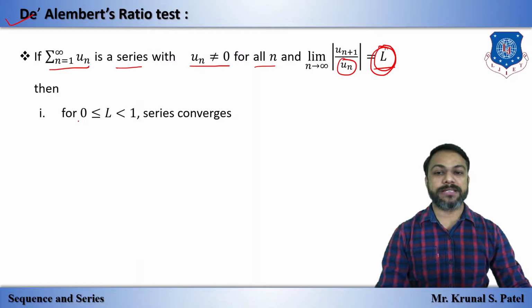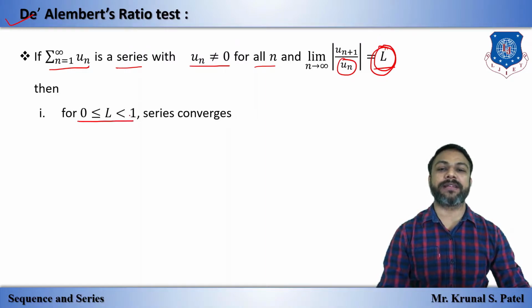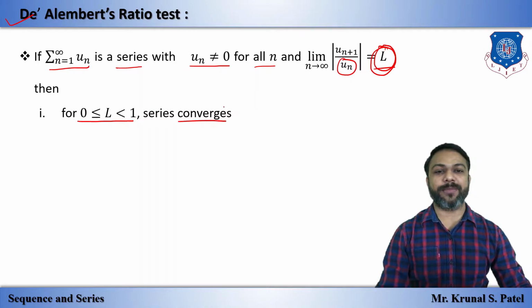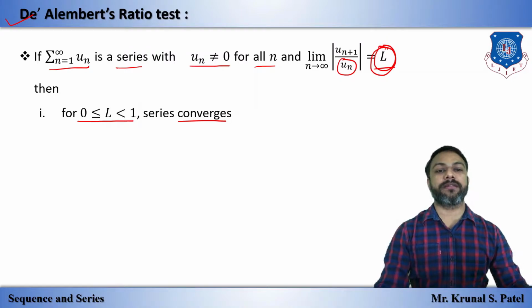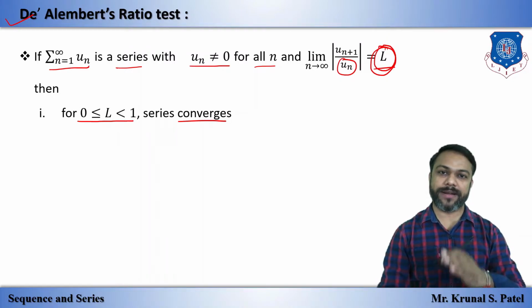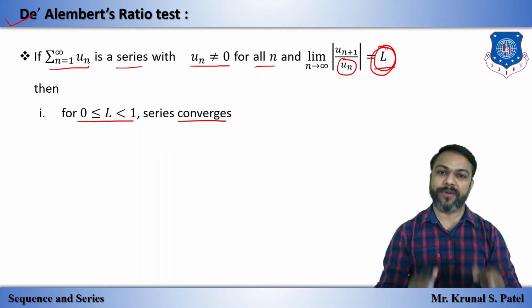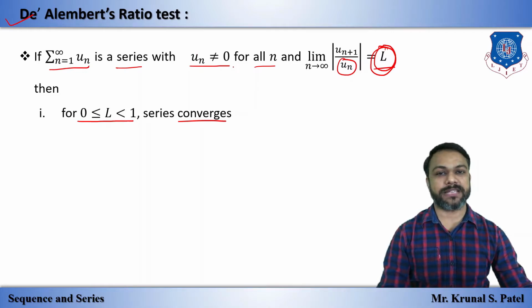For 0 less than or equal to L less than 1, that means L lies between 0 and 1, the series is convergent.